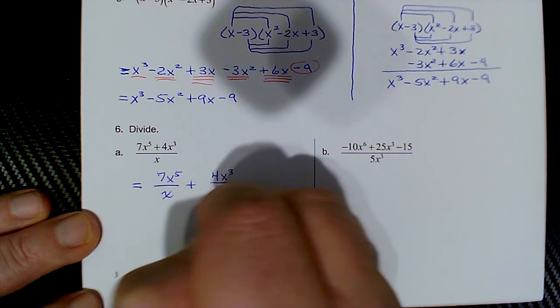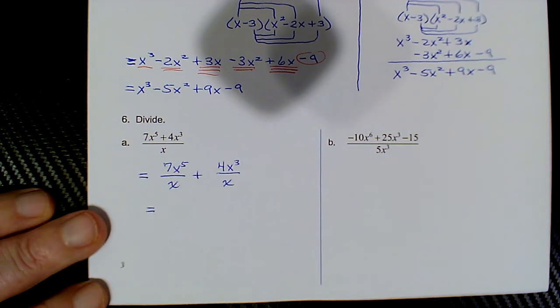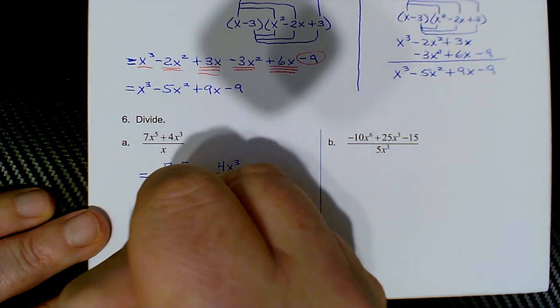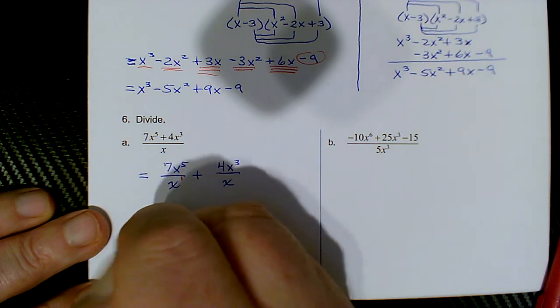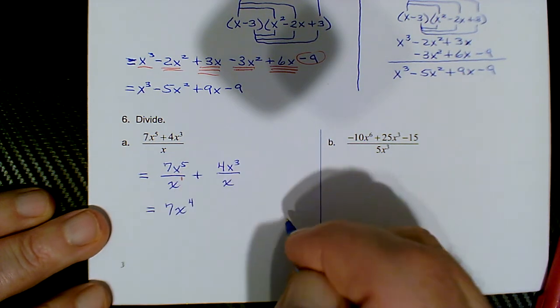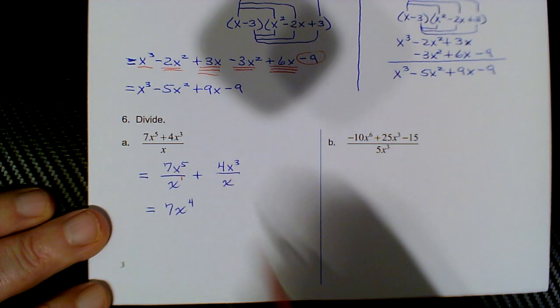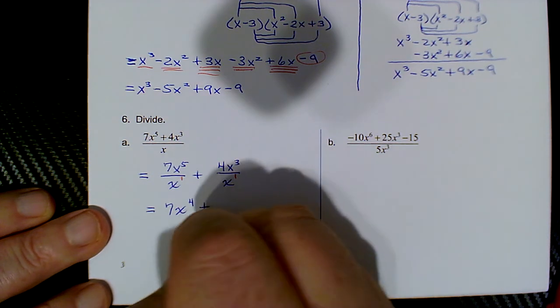And then you simplify. This is x to the 1st. Probably easiest just to think of division of common bases and subtracting the exponents. So we get 7x to the 4th. And similarly here, plus 4x squared.